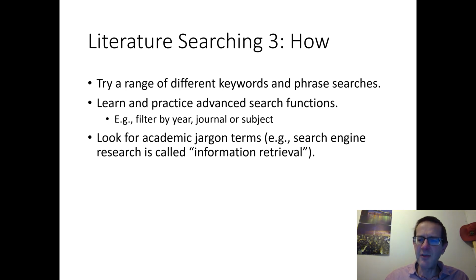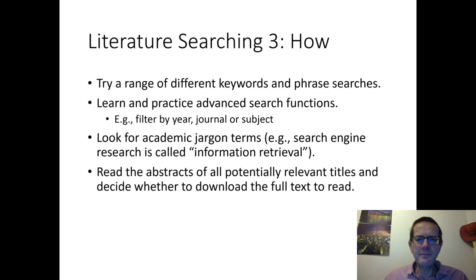You would discover that if you found some relevant papers and kept your wits about you, and noticed, okay, they keep using this phrase information retrieval, I wonder what that means. Then maybe you look it up on Wikipedia and you realize that that's the academic term for search engine research. So there are information retrieval conferences, information retrieval journals, highlighting the importance of the term.